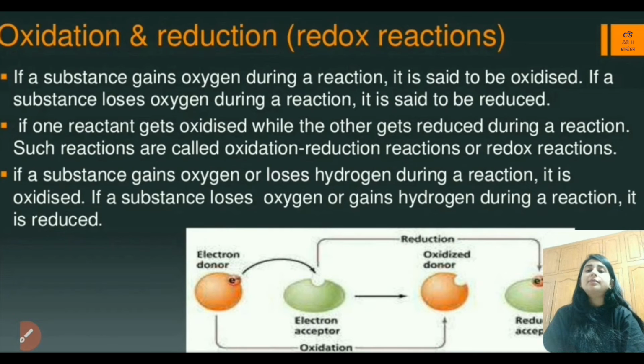If a substance loses oxygen during a reaction, it is said to be reduced. So if one reactant gets oxidized while the other one is getting reduced, such reactions are called oxidation-reduction reactions, or in other terms, redox reactions.